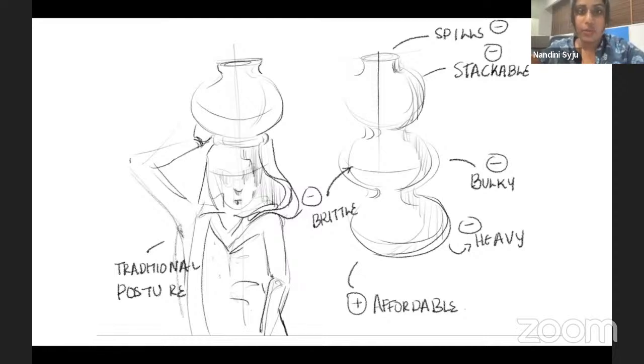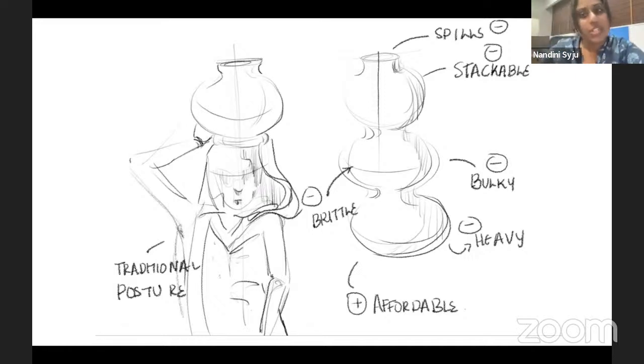They have already understood that it is a stackable form, and it's not necessarily something that is spill proof.